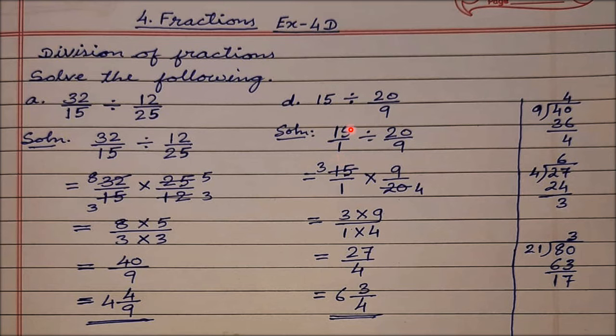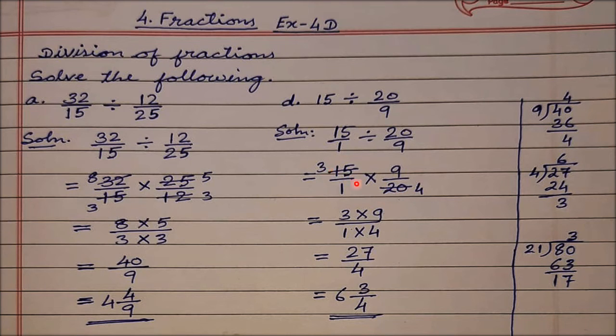So 15 by 1 divided by 20 by 9. Now we'll write it again, next step, 15 by 1. Now the division sign will change to multiplication sign, and immediately we'll write the reciprocal of 20 by 9, which is 9 by 20. Now we think of cancellation. 15 and 20 have the common factor 5.